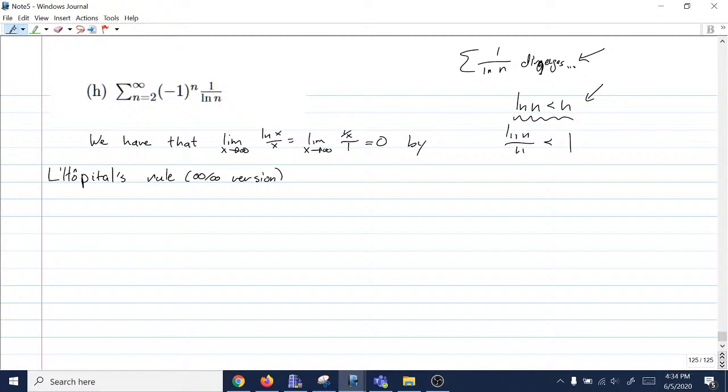We have this by L'Hopital's rule, so for large x, we have ln x less than x, or log x over x less than 1. So ln n is going to be less than n for large n.